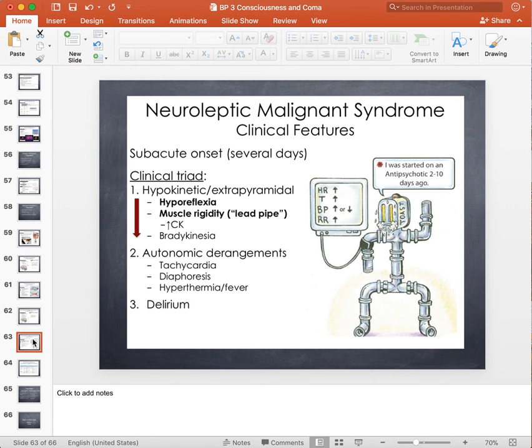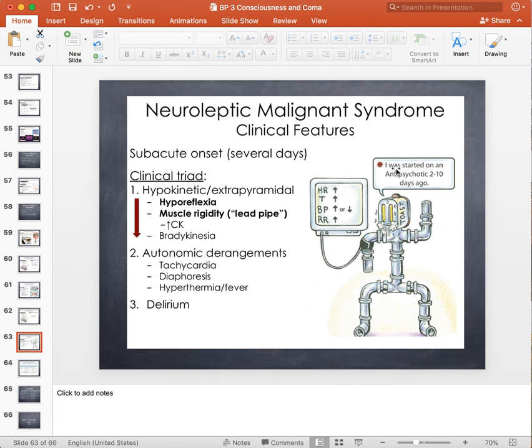So this has similar features in terms of tachycardia, fever, confusion, but rather than having neuromuscular excitation, you actually get more of a Parkinsonian syndrome, which makes sense when you remember that Parkinson's is caused by a deficiency of dopamine. So you get muscle rigidity, lead pipe rigidity like you see in Parkinson's, and bradykinesia, and reflexes, importantly, are reduced in contrast with serotonin syndrome.